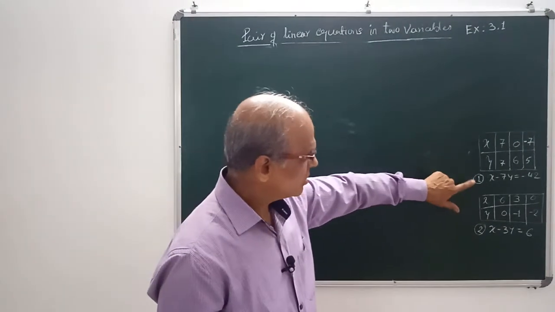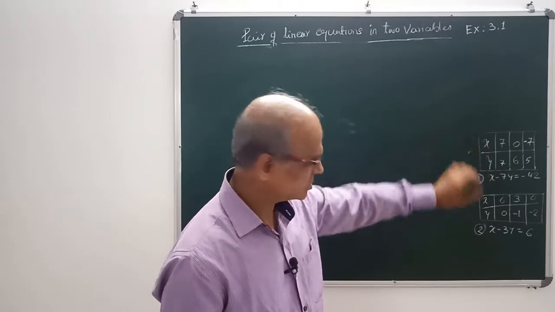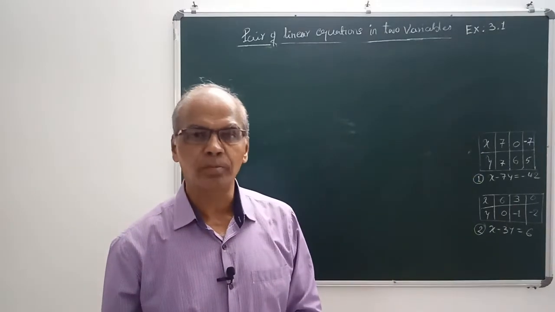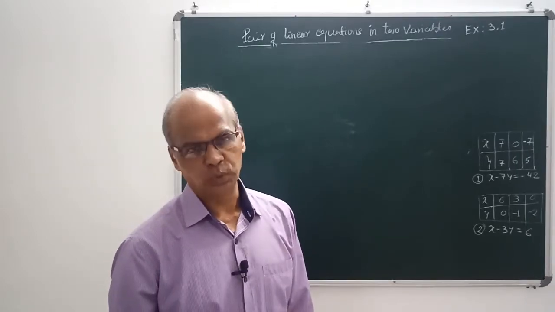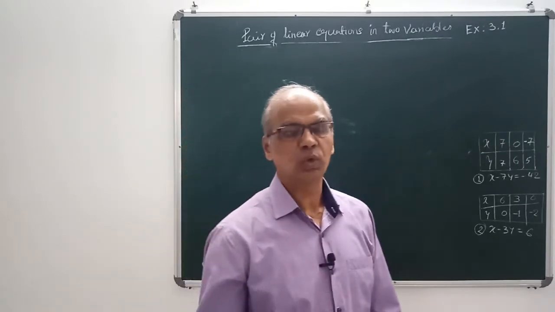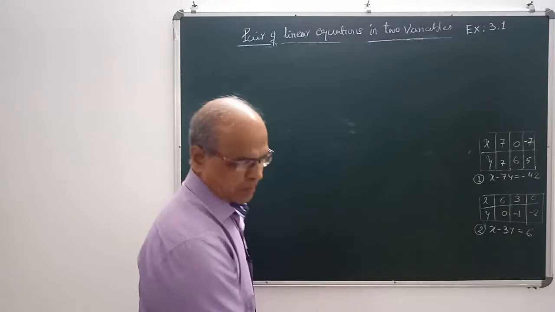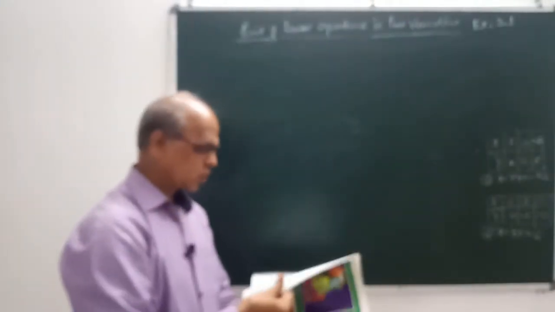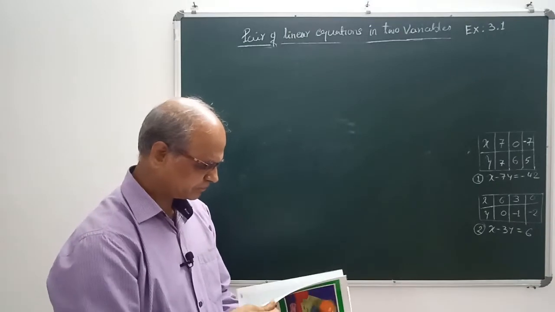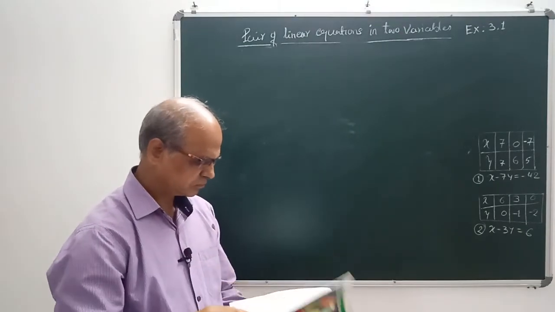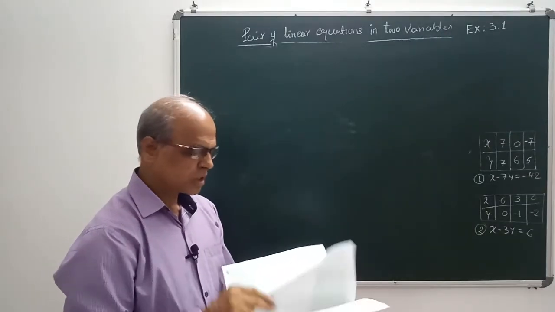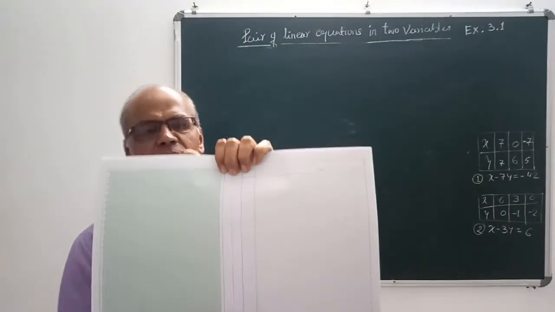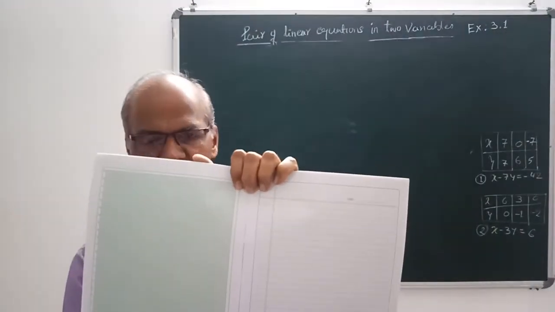Now you see here, the first equation table is ready with us and the second equation table also is ready. Now here also you have to note a point. Usually what most of the students do when drawing the graph, suppose this is your graph sheet, here you have to do the calculations.